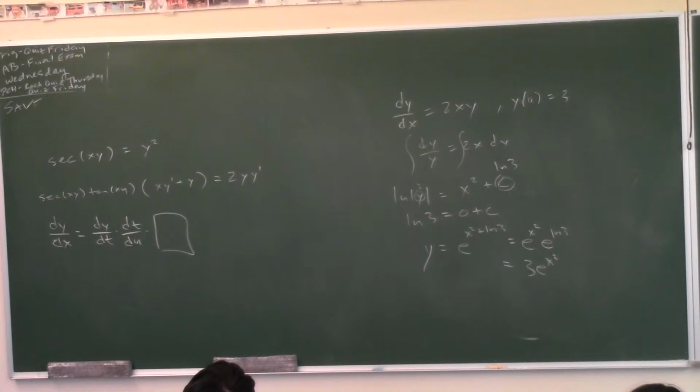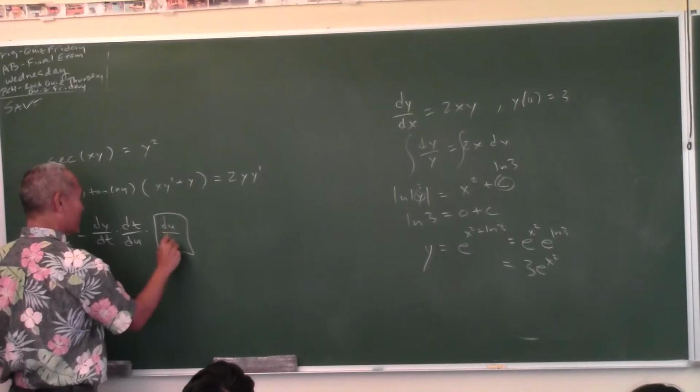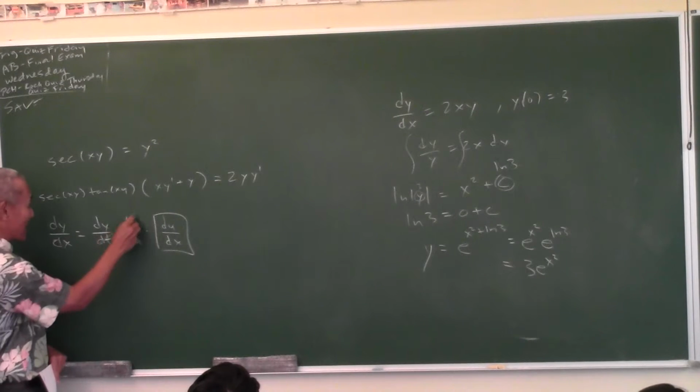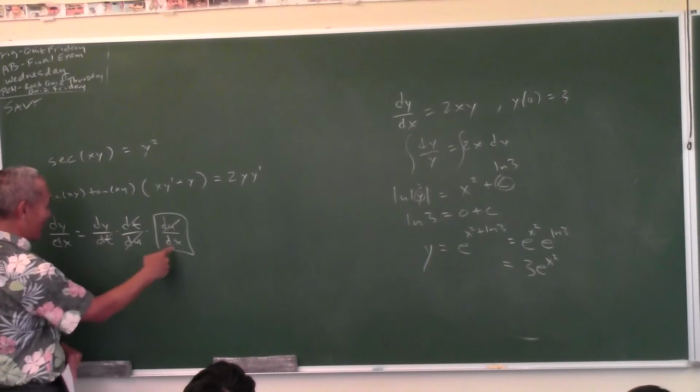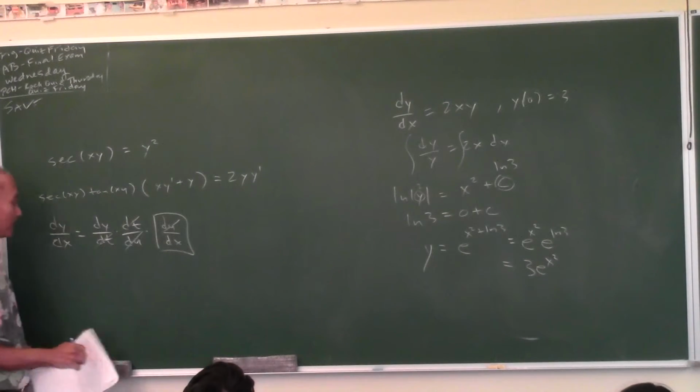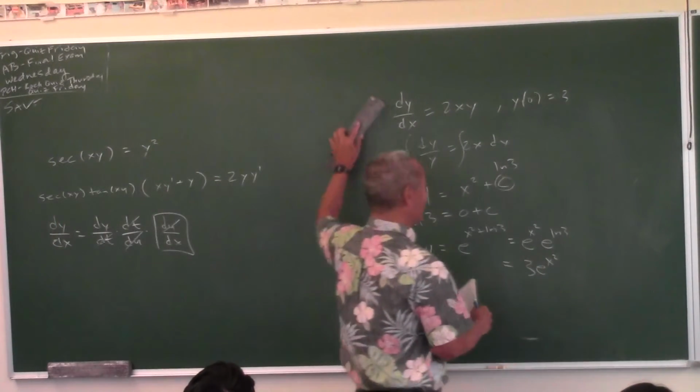Fill in the box. There you go. This is called the chain rule, the other form of the chain rule. You can treat it like fractions. These cancel out, and you get dy over dx. Believe me, they're going to test you on that tomorrow.